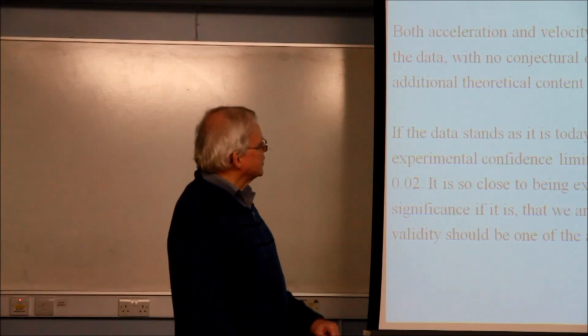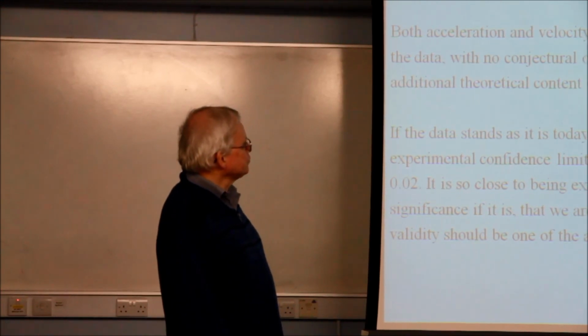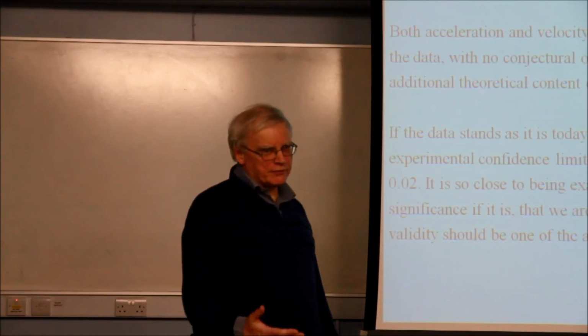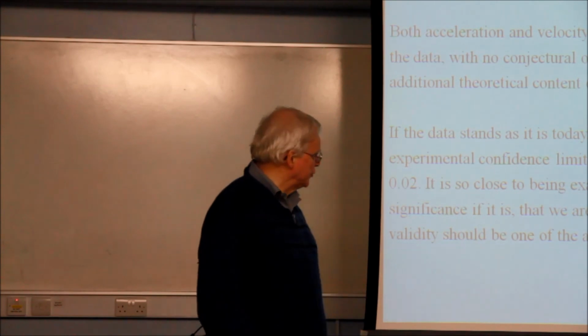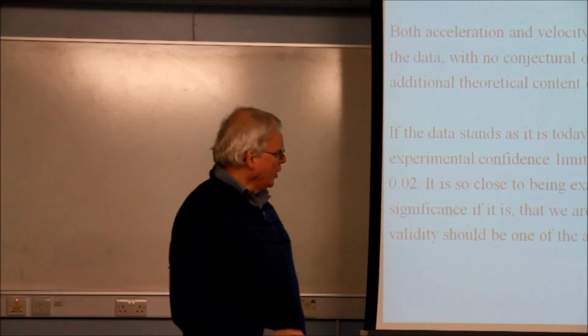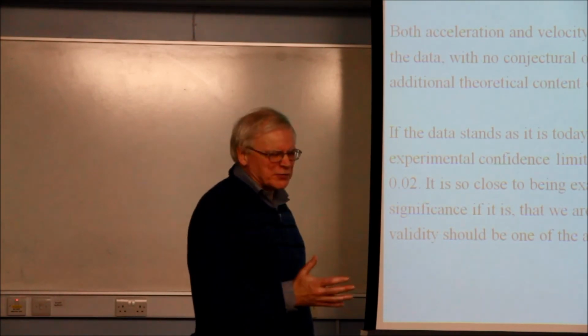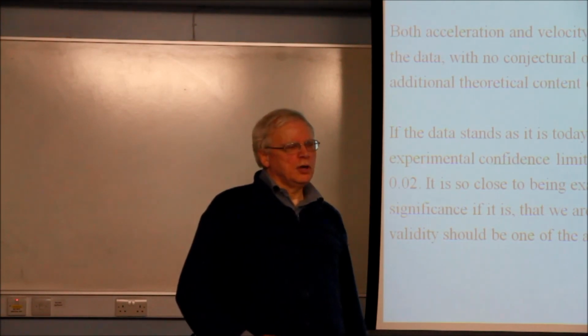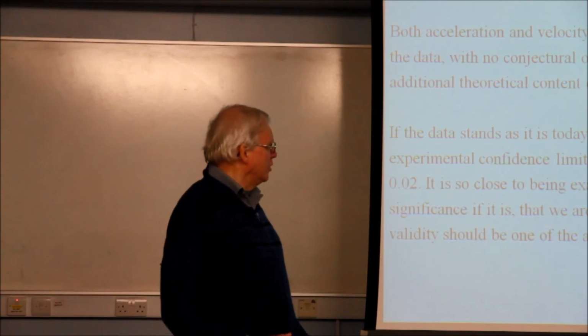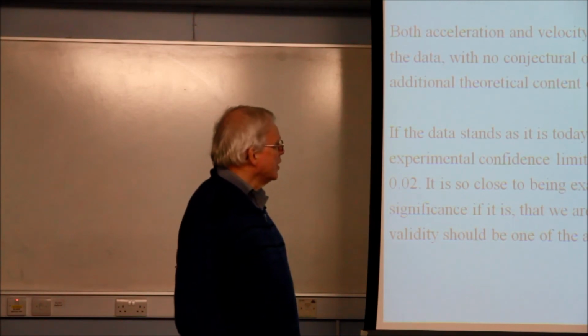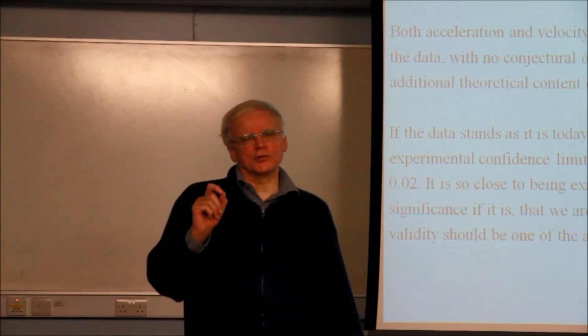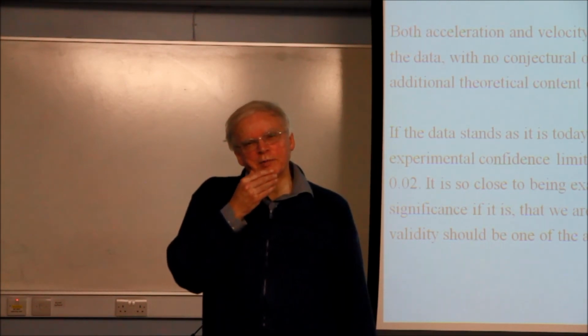Now, if the data stands as it does now, the equation is certainly valid within the confidence limits that have been expressed. And it's certainly valid to within a factor of simply 1.02, plus or minus 0.02, and better than that really. It's so close to being exactly true that we would have to explain why it isn't true if it isn't.